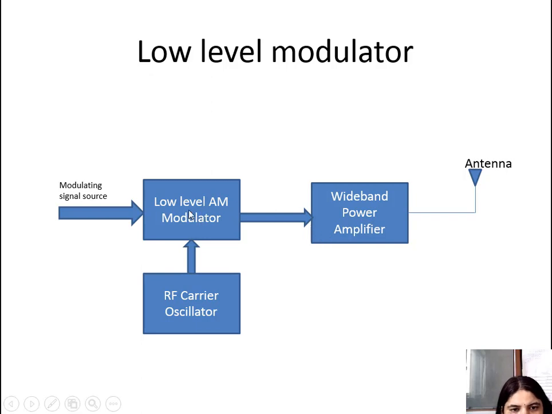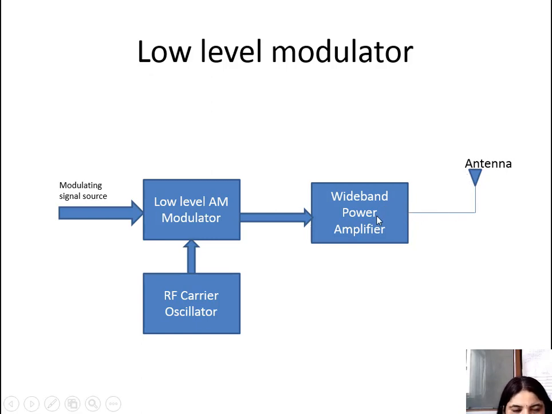So keep in mind, in the low level modulator the signals are at low power level. Even the RF carrier signal is not amplified, and neither is the modulating signal. But when it produces the amplitude modulated output, it is amplified by the power amplifier and transmitted via the antenna.